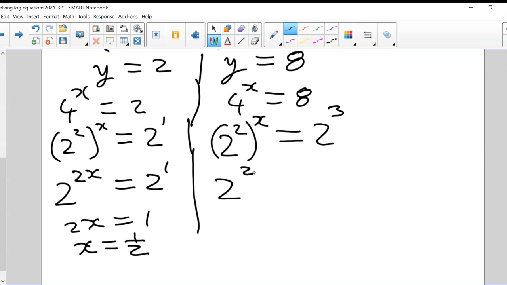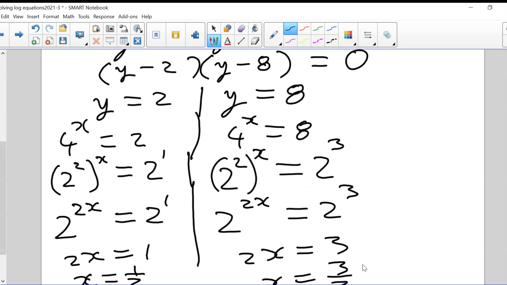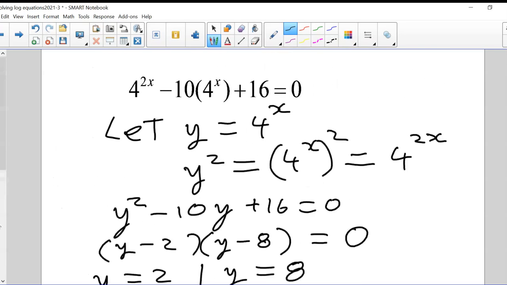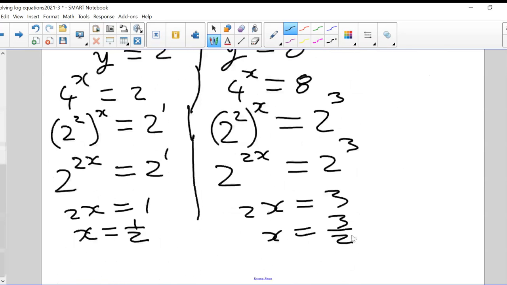This, of course, is 2 to the power of 2x is equal to 2 to the power of 3. And let's set the exponents equal to each other. 2x is equal to 3. And therefore, x is equal to 3 over 2. There you go. And these are your two answers for the original equation, right? The two values of x are a half and 3 over 2.